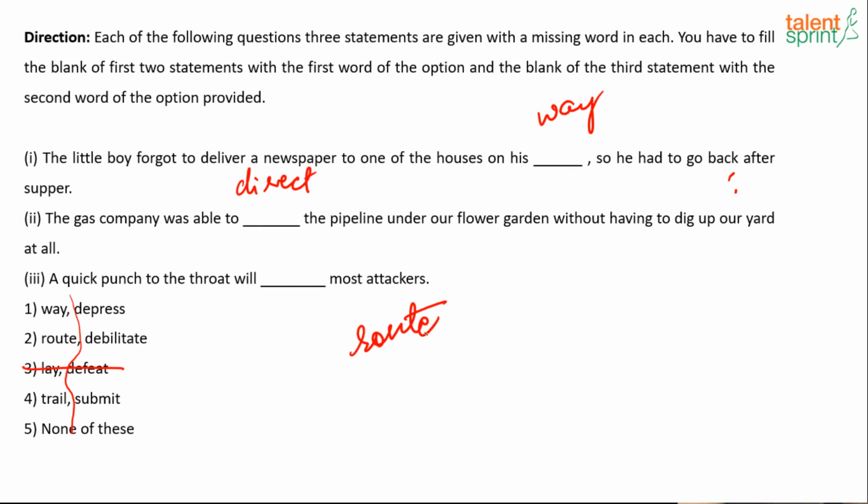So route can be used in two ways. One is a way or a course that a person takes, from the starting point to the destination. So that is a route. So way, and the second, route is send or direct.